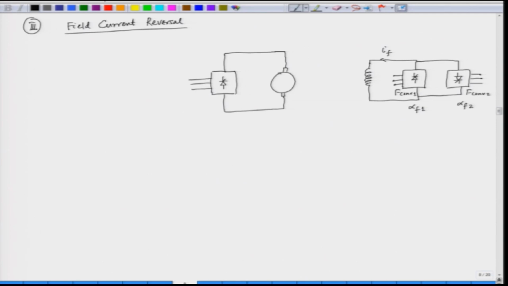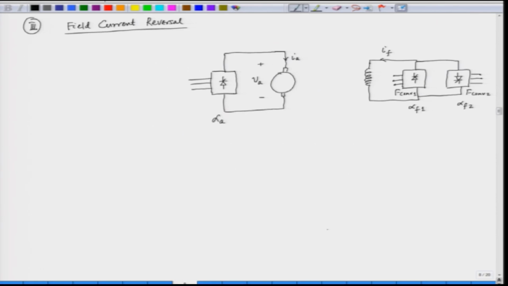And in the armature side, we supply the armature current IA, and we have the armature voltage, that is VA here, and the triggering angle of the armature bridge is alpha A here.